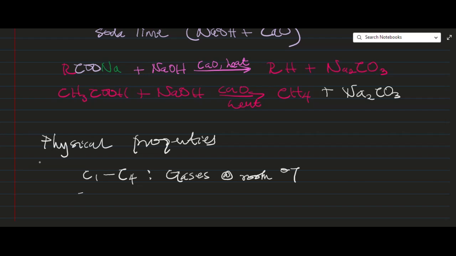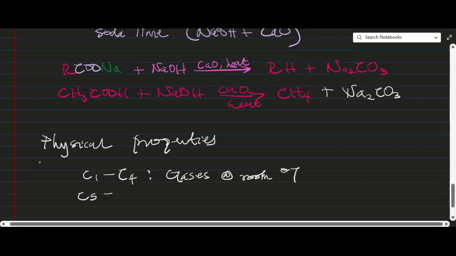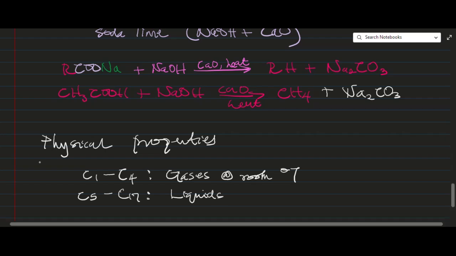From C5 to C17, they are liquid at room temperature, but they are liquids of different viscosity. Some of them are very light, they can flow easily. Some are thick, they cannot flow easily.